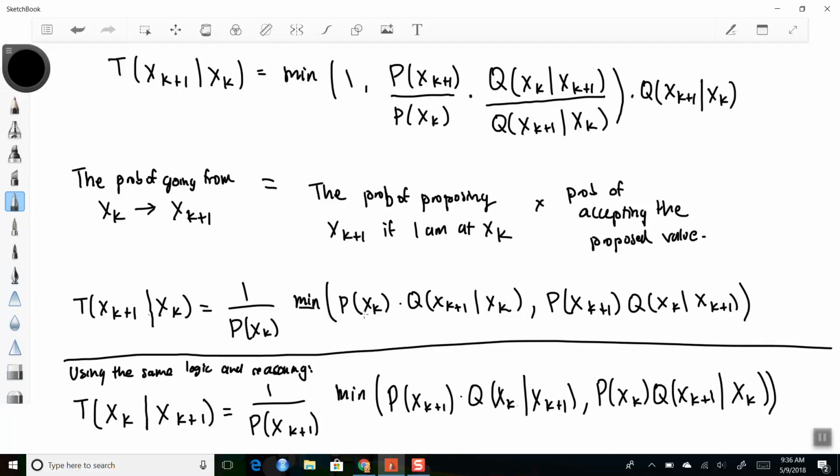Okay, let me just verify. There's so many little symbols, right? So it's the minimum between this, and the minimum of this times this, and this, and this times this, and this.